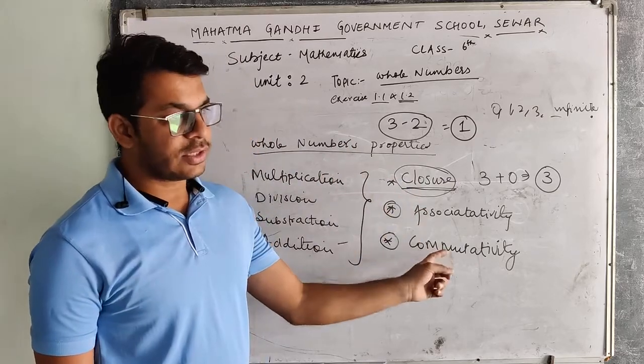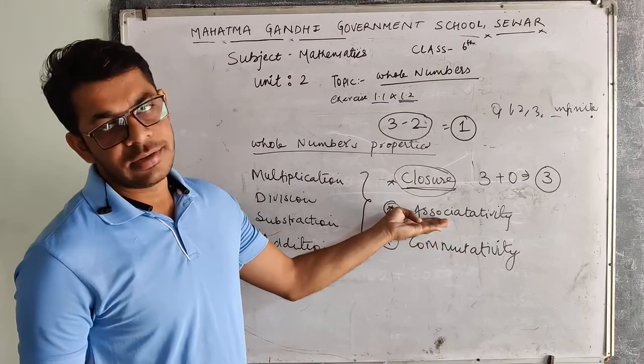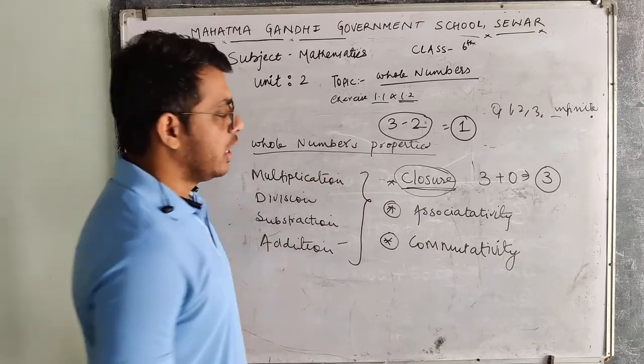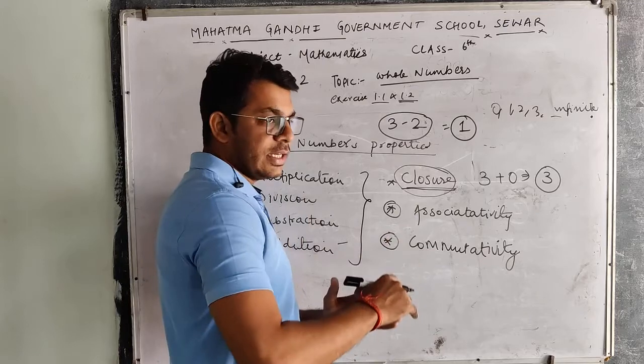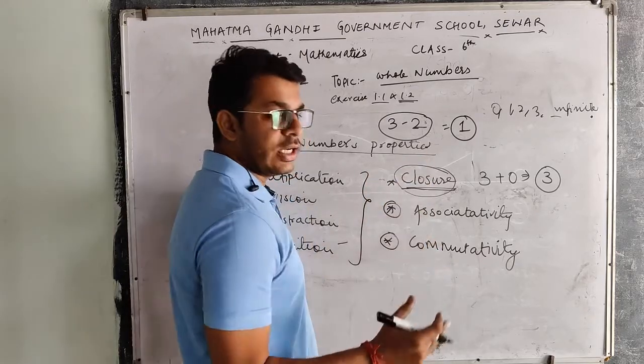What about associativity? As the name suggests, it means anything which is associated. If we are placing one number in place of another, then are they associated or not?